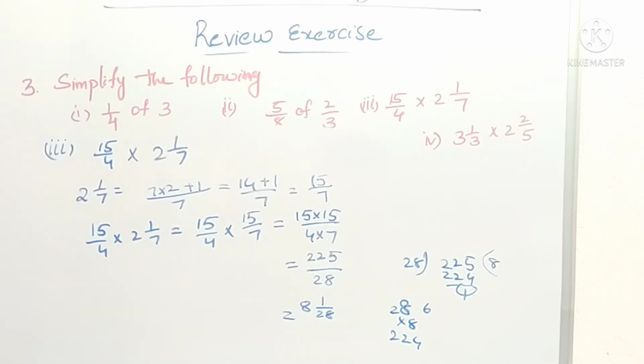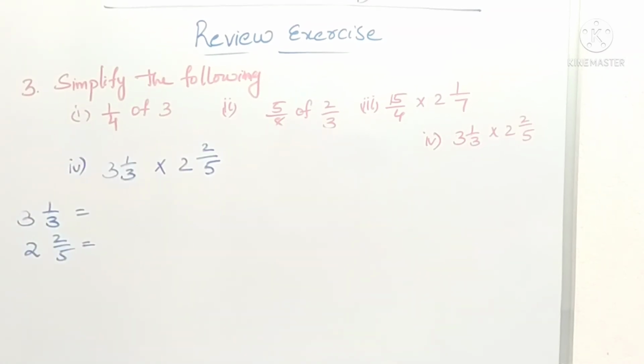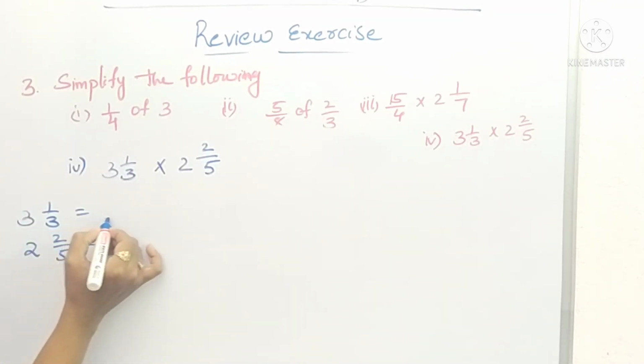And our fourth one, in the fourth one also both are mixed fractions. We have to convert them into fractions first. So 3 1/3 we have to convert into a fraction. First, what is in the denominator? 3.